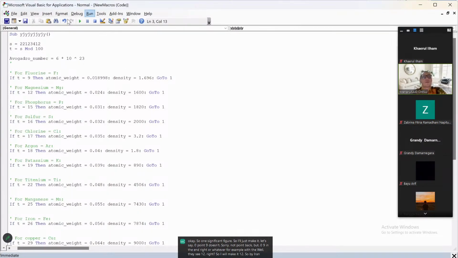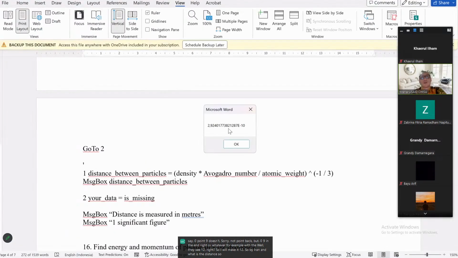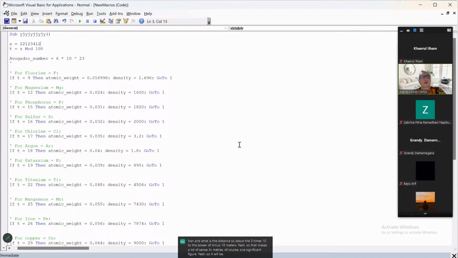So I run, and what is the distance? About 3 times 10 to the power of minus 10 meters. So that makes a lot of sense. In meters, of course, one significant figure. So 3 angstroms, for number 12, which is magnesium.